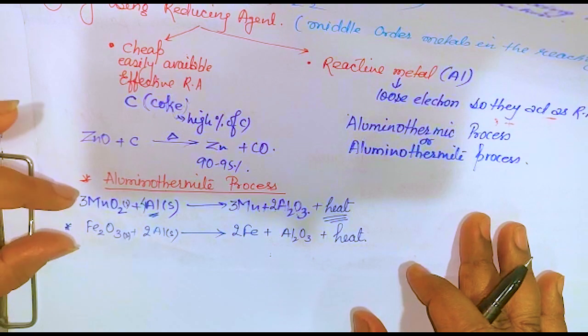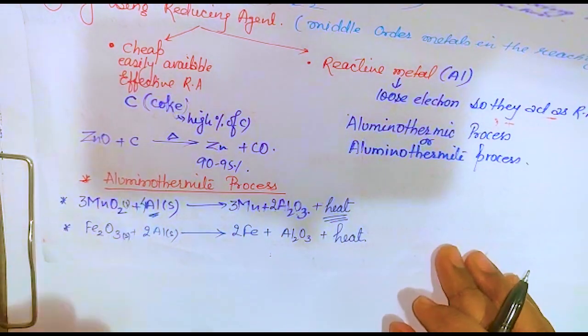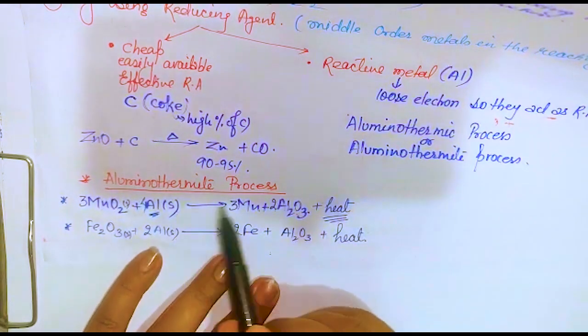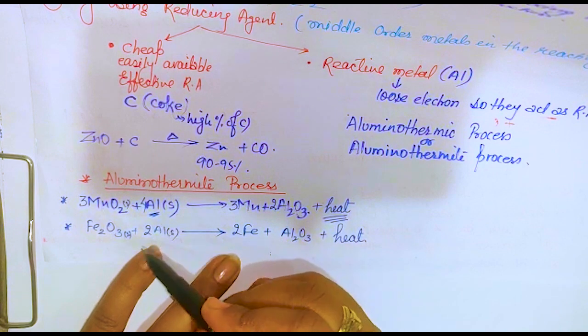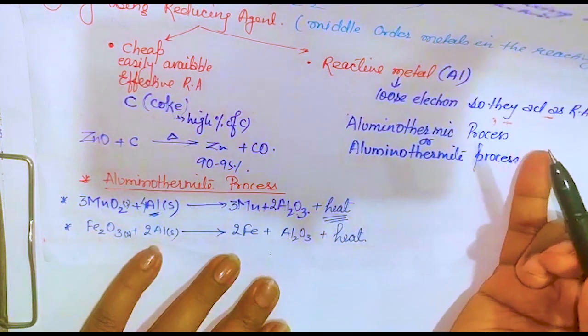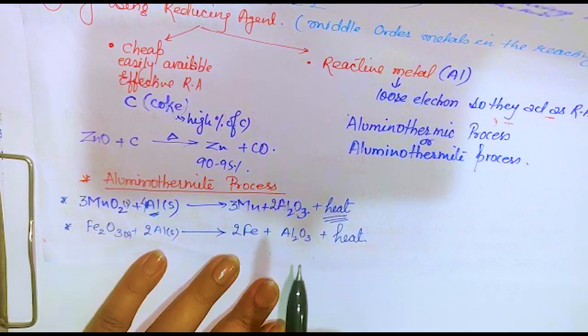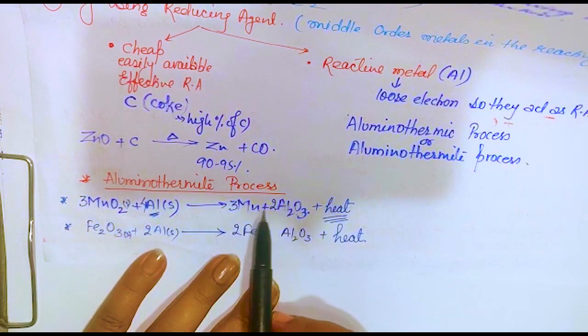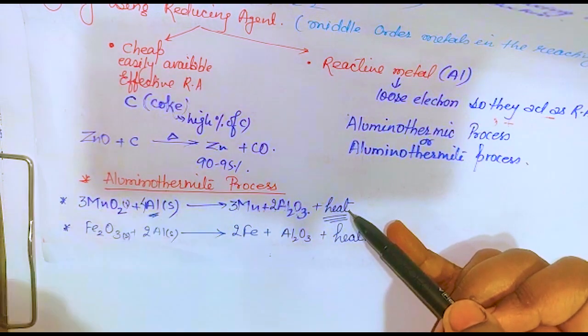Whenever it is asked what the aluminothermite process is, you are supposed to write the definition: the aluminothermite process is the process in which we use aluminium as a reducing agent. When aluminium reacts with MnO2, it forms this, with a large amount of heat. Or you can use this equation.